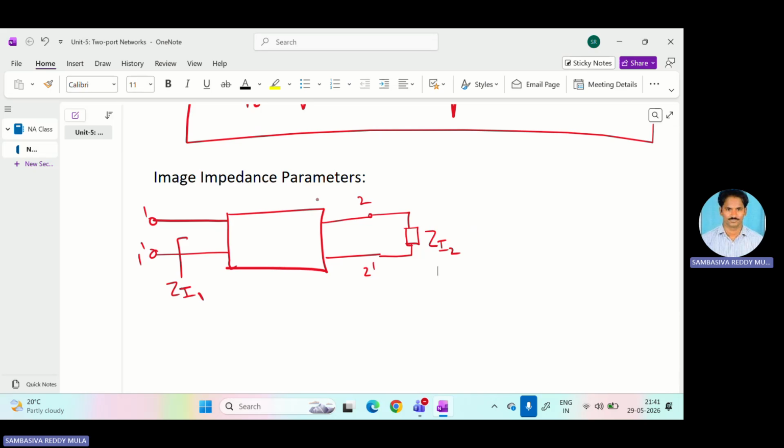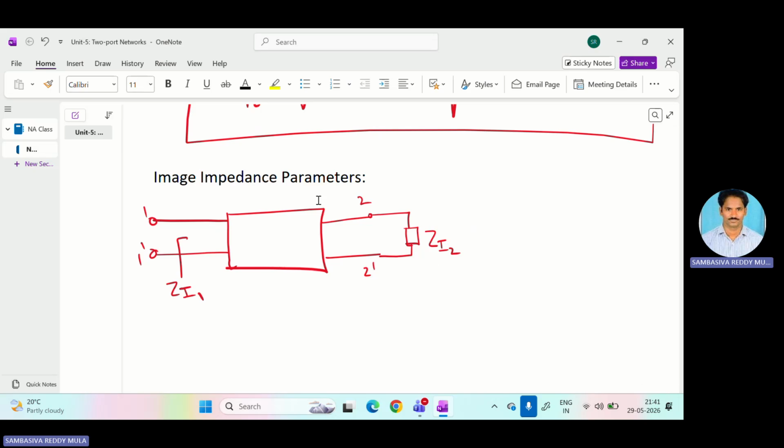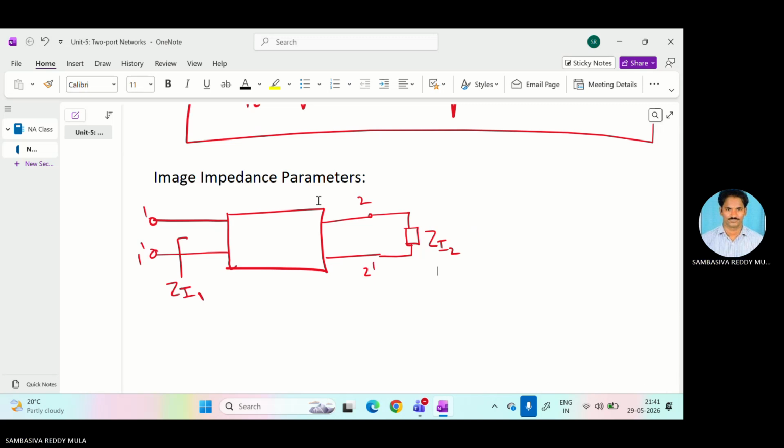Here the definition, if you see once again: the image impedance is a pair of impedances of a two-port network such that when the output port is terminated with one impedance, the other impedance is seen at the input.